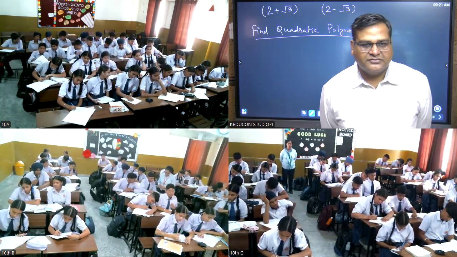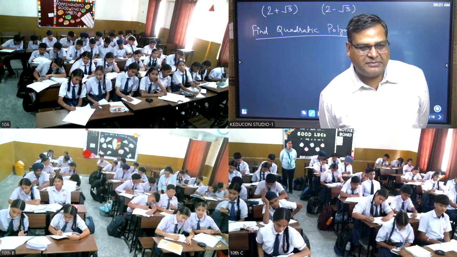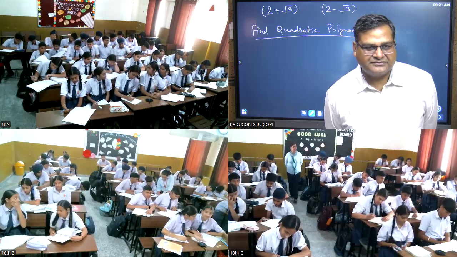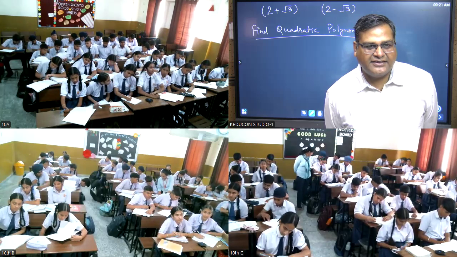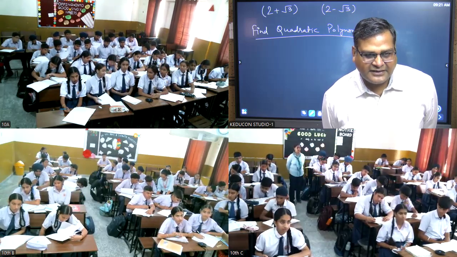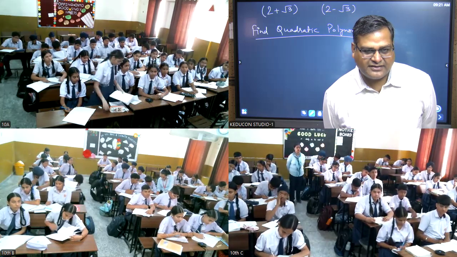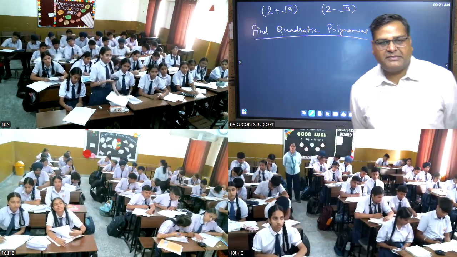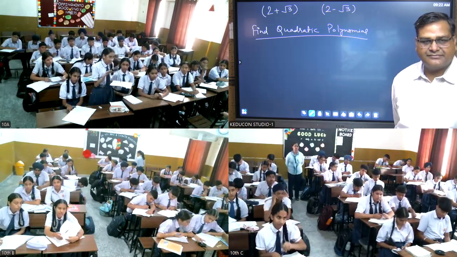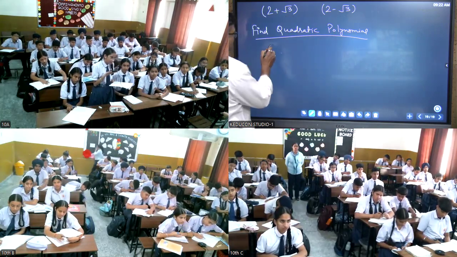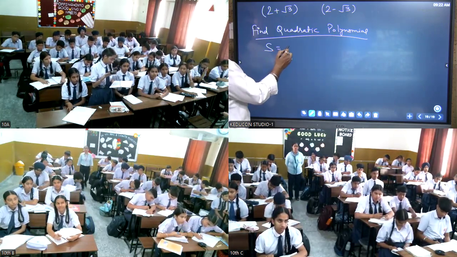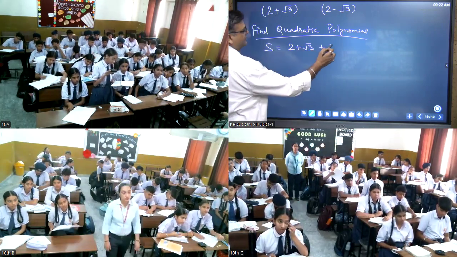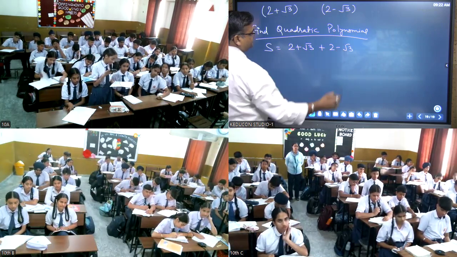Yes, have you done it? Tell me what you have done. Sir, firstly we have to find the sum of zeros. Sum, you have taken this plus 2 minus under root 3.